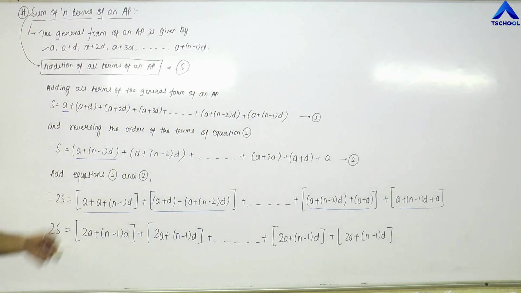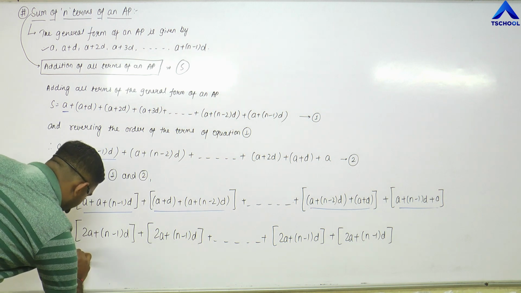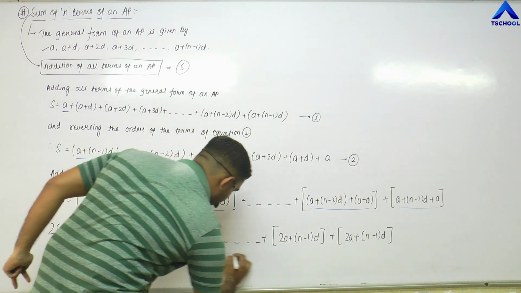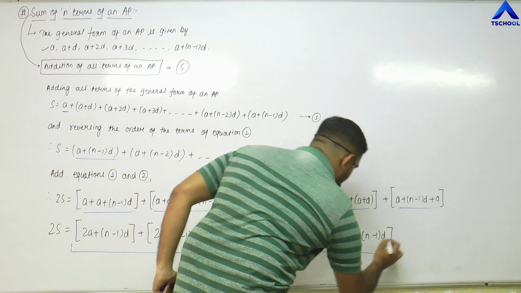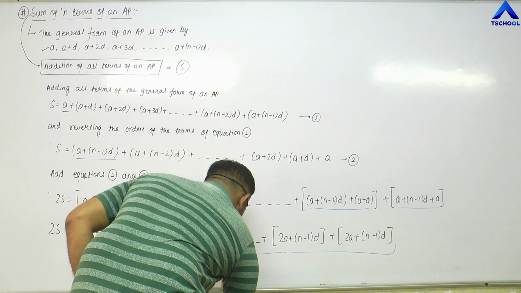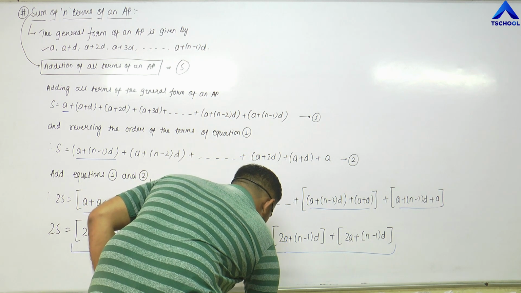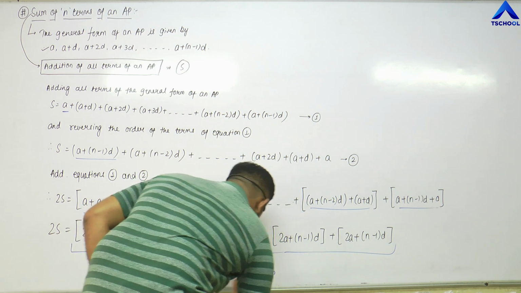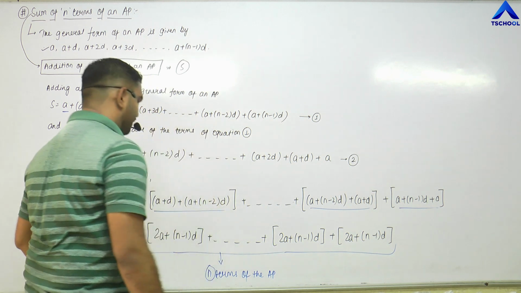So how many terms are these all? These are, friends, these are n terms, because in the first equation and second equation we were having the sum of first n terms or up to the n terms. So these are all the n terms of the AP. How many terms are these all? N, right?